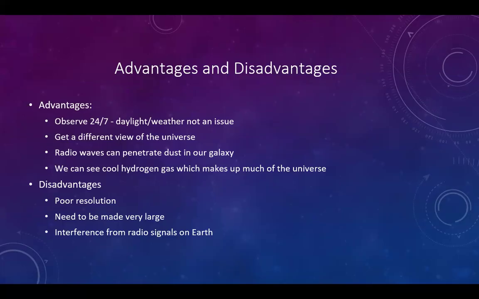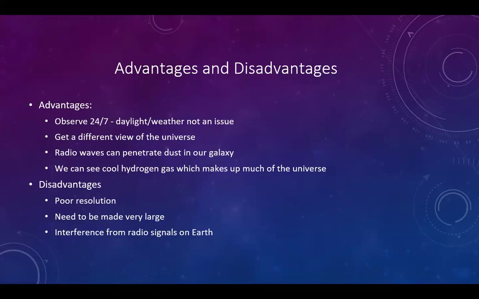Radio waves can also, much like they can penetrate weather, penetrate dust. So we can see inside dusty clouds and other areas that are difficult and obscure. So we use radio waves to see into the clouds of gas and dust where stars are being born.